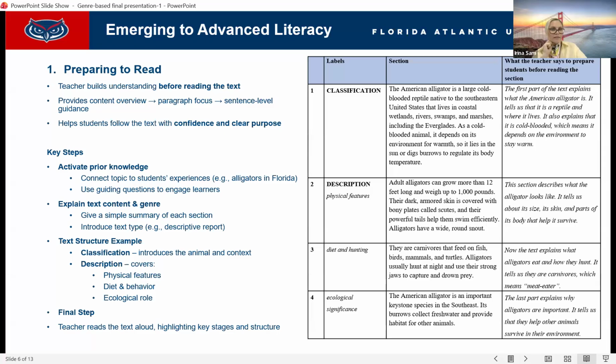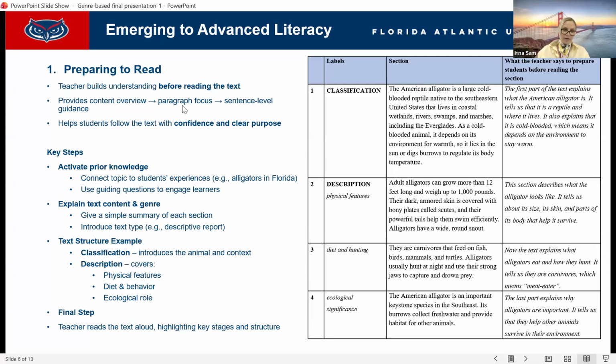First, the teacher activates prior knowledge, for example, asking students about their experiences with alligators, especially since we're in Florida, or showing pictures or video. Then the teacher explains the content and structure of the text in simple terms, including the genre and its purpose. Finally, the teacher reads the text aloud, guiding students through its structure.